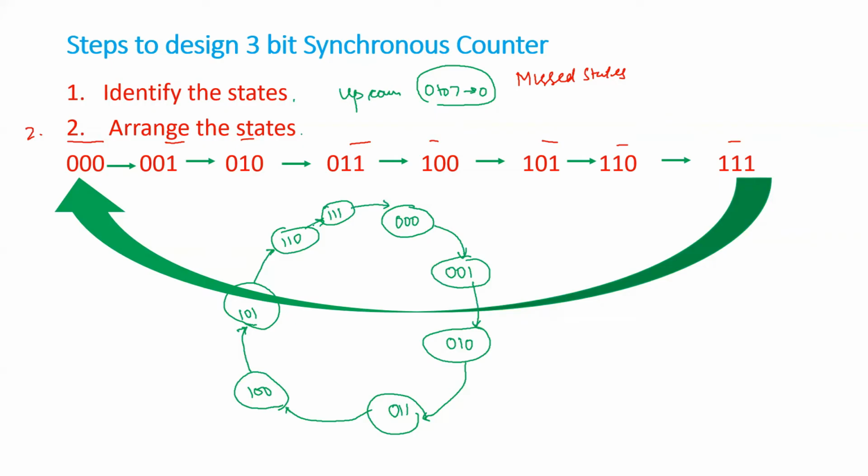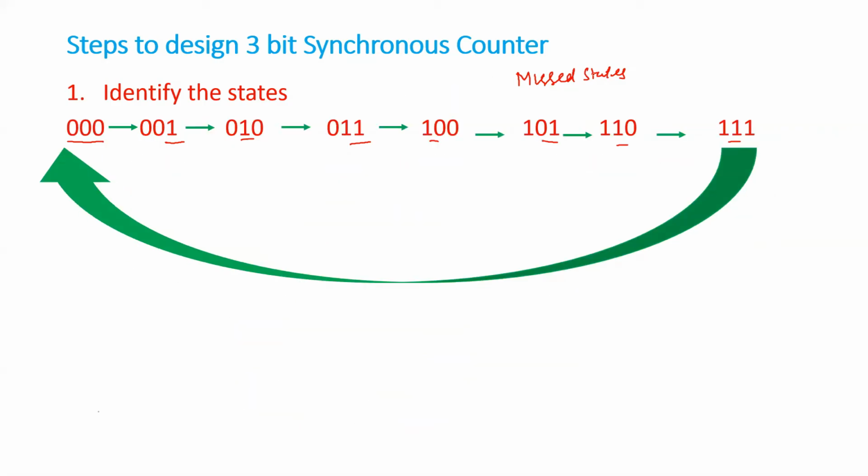This is the entire process, and now we are going to implement it using the JK flip-flop. Identification of states is over.